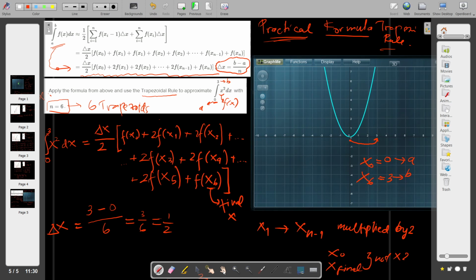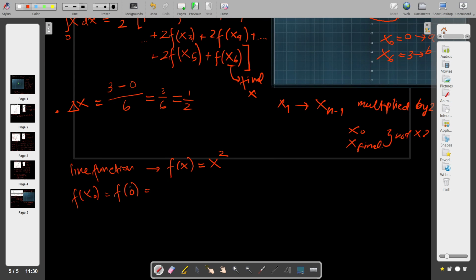So we start from 0. f(x0) equals 0 to the power of 2, which is 0. For f(x1), because our delta x is a half, from 0 to the next x we add a half, so 0 plus a half is a half, and f of a half is 1/4.